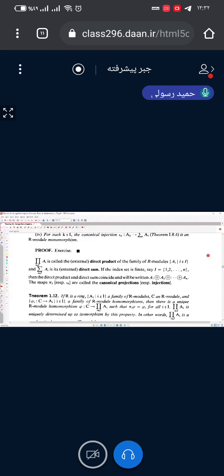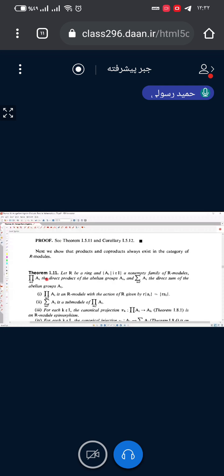Theorem 1.11. Let R be a ring and {A_i} a non-empty family of R-modules. Consider the product of A_i, the direct product of the abelian groups A_i, and the sum of A_i, the direct sum of the abelian groups A_i.